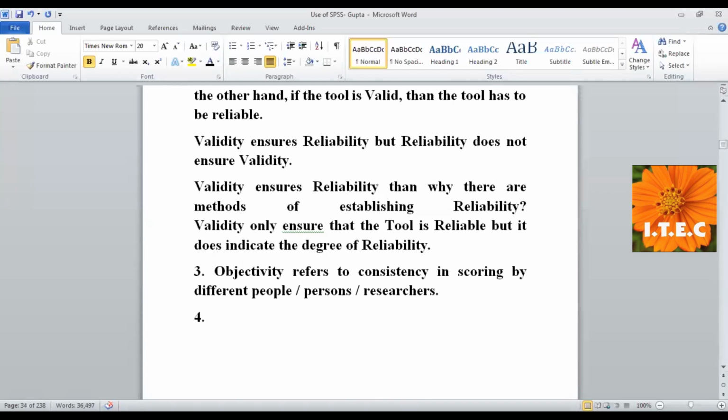So that is the meaning, and that is why you might have seen that in social science, the tools that are available are objective type.